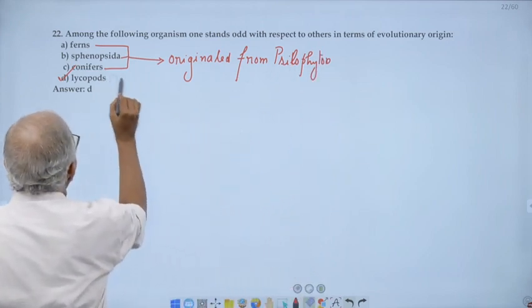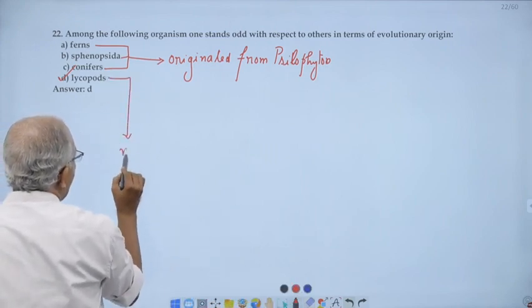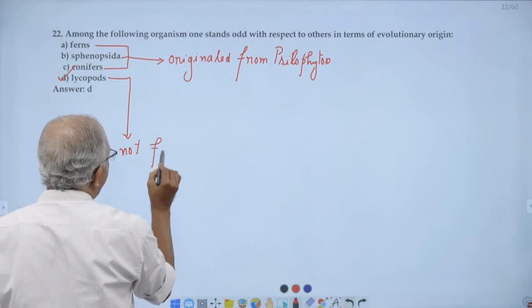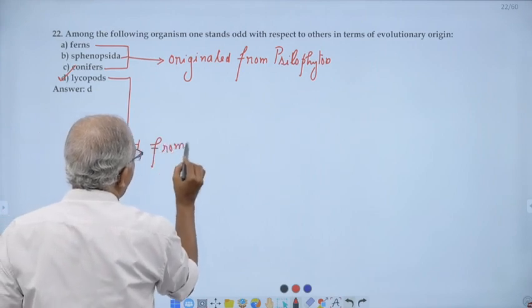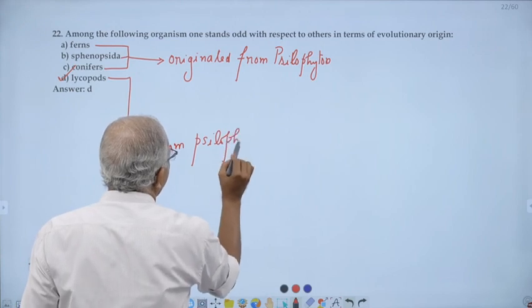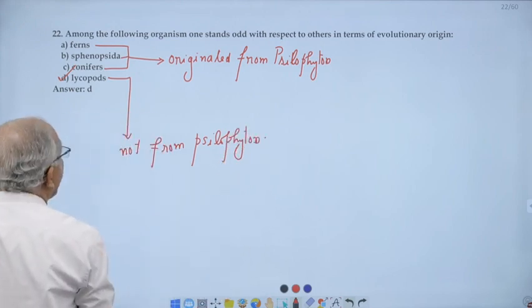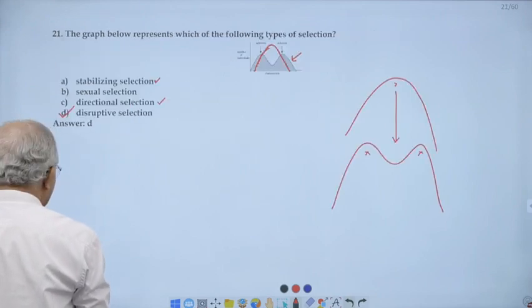But lycopods, not from Xylophyton. Lycopods not from Xylophyton. That is what we said.